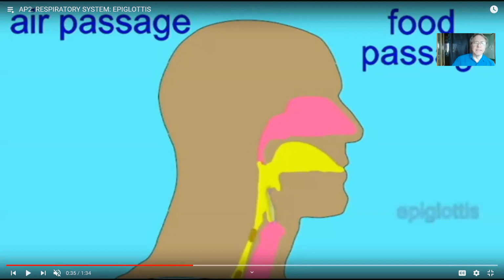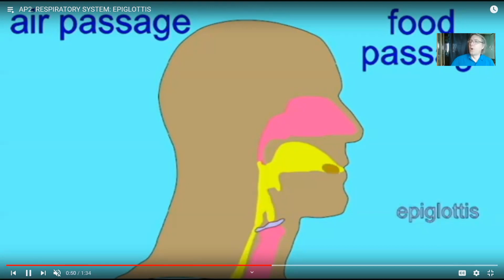And the problem is if swallowed food were to become lodged in the airway, we could suffocate. So every time we swallow food, it is potentially lethal. And to protect us, we have this elastic cartilage. We don't have much elastic cartilage in our bodies. We have it in our external ear, and we also have it here in the epiglottis.